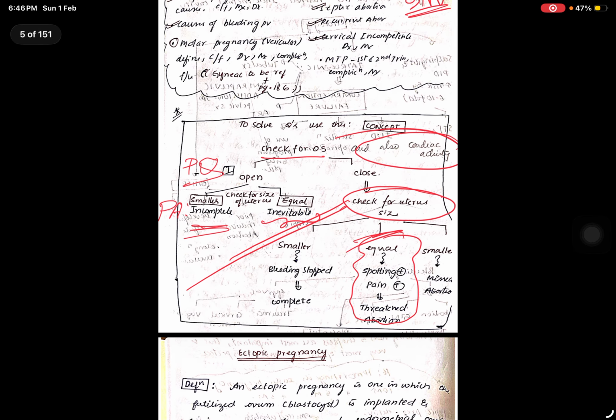But if it's smaller and the bleeding has stopped, that means the process has been completed, so it's a complete abortion. If the uterus size is smaller and fetal cardiac activity is absent, that means it's a missed abortion. And at the end, if the products stay there without removal, it will lead to septic abortion.